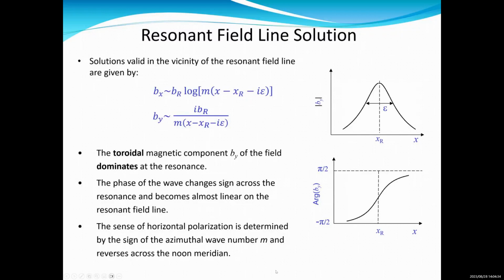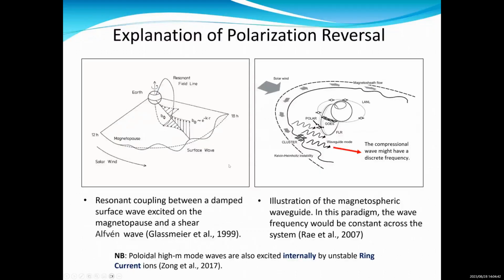across the noon meridian. To explain the polarization reversal that is seen, let's forget about the figure on the right here. If we imagine that we have some surface wave excitation on the magnetopause, these surface modes decay in amplitude towards the inner magnetosphere. If they have a particular frequency, where that frequency matches the natural frequency of a geomagnetic field line, you get a large y component in the box model.